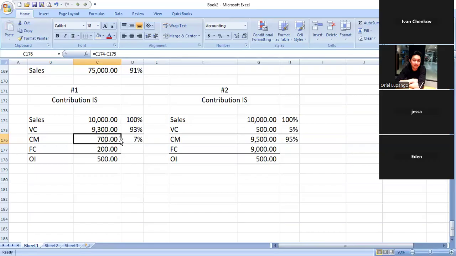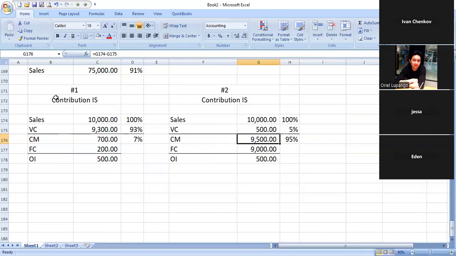But this company doesn't rely so much on the contribution margin per unit. If they lose one sale, if one item is not sold, their loss is not going to be too much. Whereas this company, if they don't make one additional sale, or if their sales drop by one unit, will have a huge impact on their operating income.